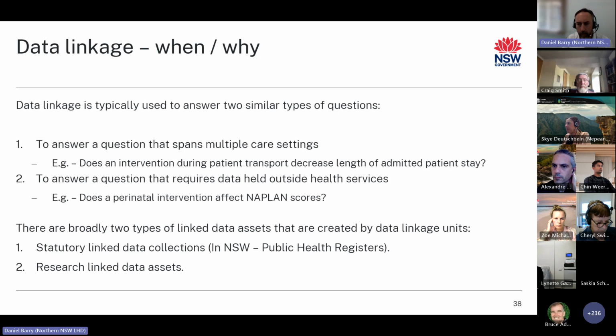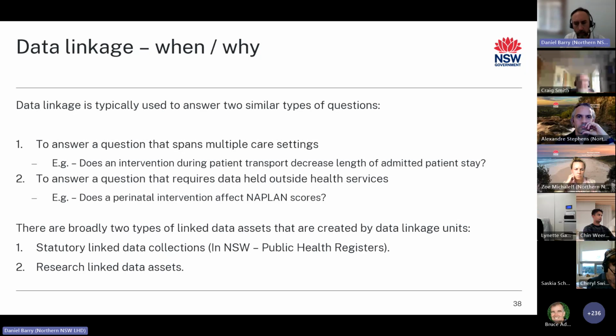They're generally associated with a particular legal use case, so it might be something like epidemiology of particular diseases. They can be accessed by those whose needs fit that use case with fairly minimal cost. They're created by the linkage units because they're required to by law, and so they're business as usual for linkage units.